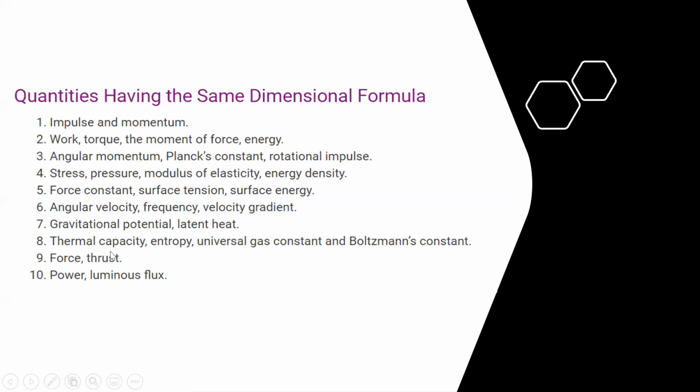Then thermal capacity, entropy, universal gas constant, Boltzmann's constant, all of them have the same dimensional formula. Force and thrust are almost the same. Thrust is some kind of force exerted by a liquid or a gas. So it is also a kind of force, so they have the same dimension. Then power and luminous flux, they also have the same dimension.